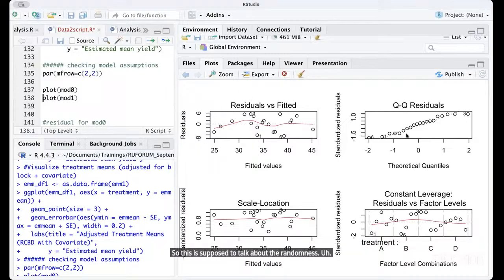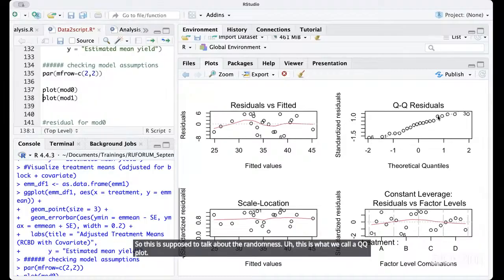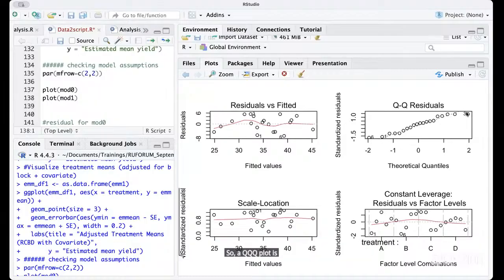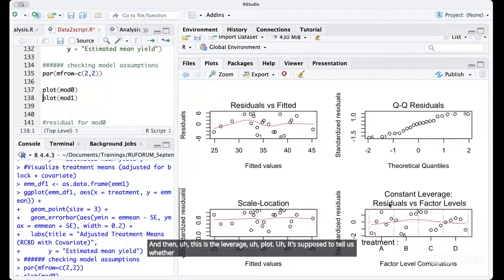This is what we call a QQ plot. A QQ plot is supposed to test for a normal distribution. The scale plot is also supposed to test whether the variances are constant or not. And then the leverage plot is supposed to tell us whether there are influential observations or not.